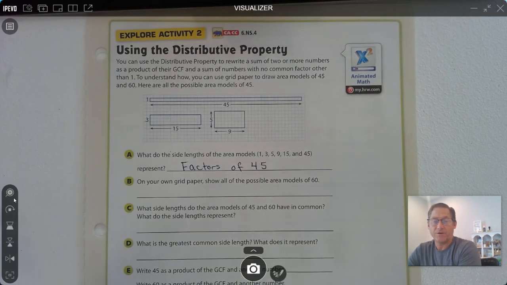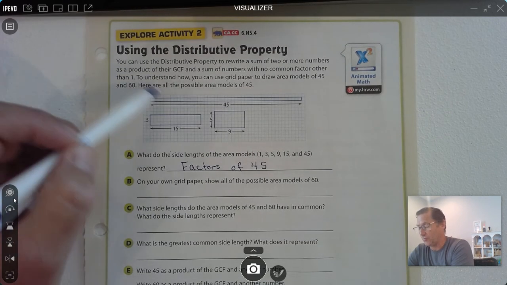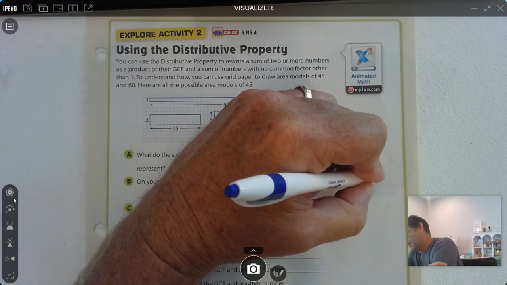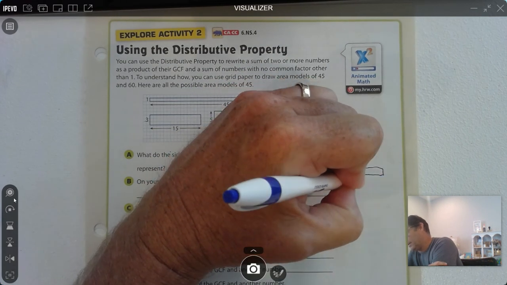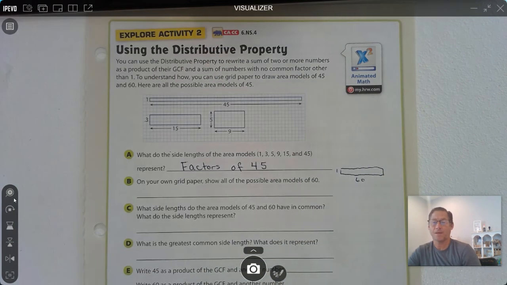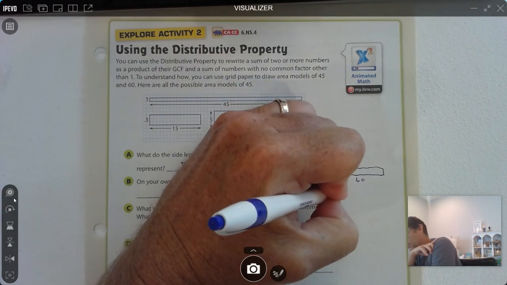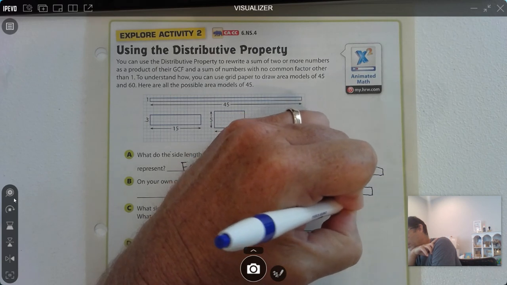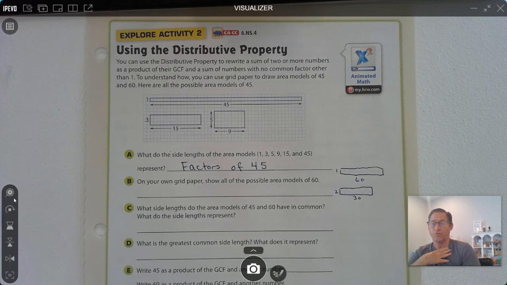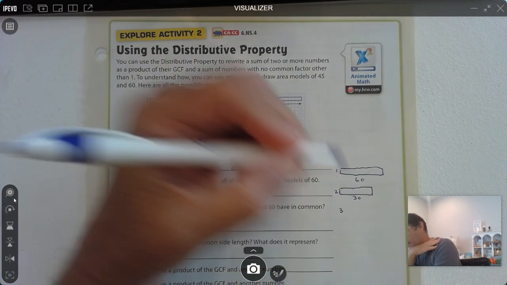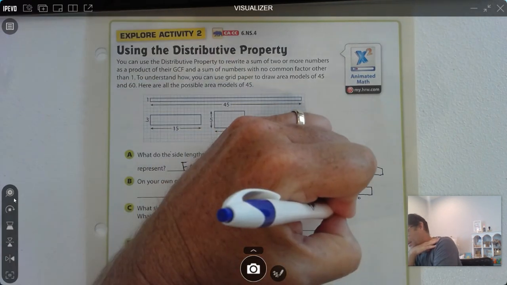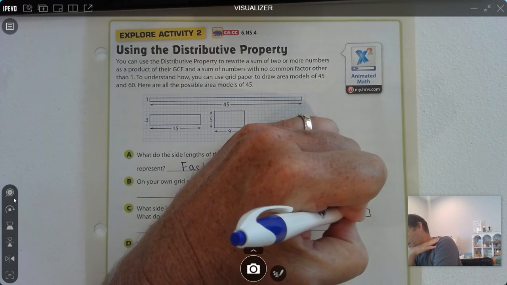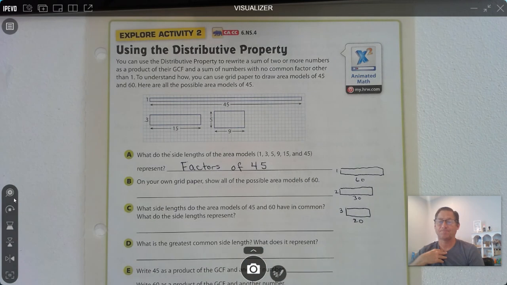Okay, if you have grid paper, you can do the same thing to show the dimensions here for possible models of 60. So I'm just going to draw it out. 1 times 60. I could have 2 by 30. Will 3 work? Sure, because 6 plus 0 is 6, and 6 is divisible by 3. So I'd say 3 times 20.